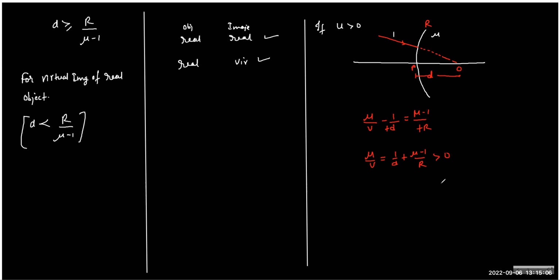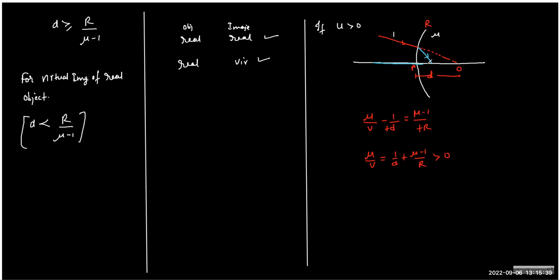So whenever the image is formed in the direction of the incident ray, it is always a real image. Once again, whenever the image is formed in the direction of the incident ray, it is always real. Because for virtual, we need to trace back, isn't it? Here we are not supposed to trace back because it will bend. After refraction, it will bend and will meet the principal axis for sure.